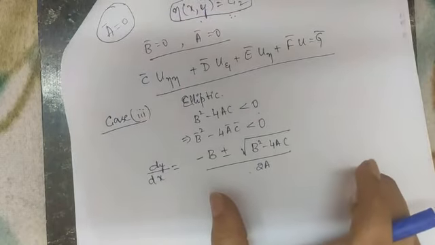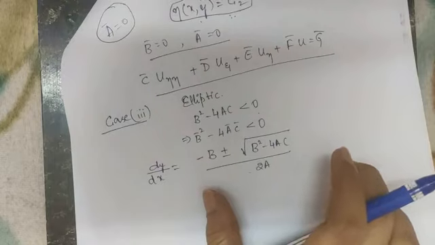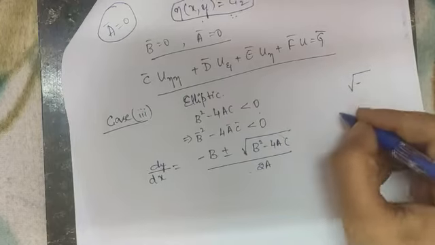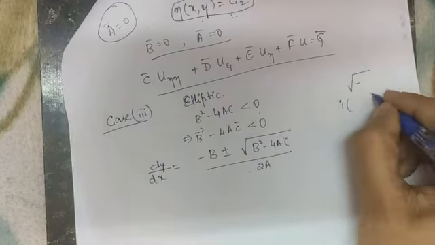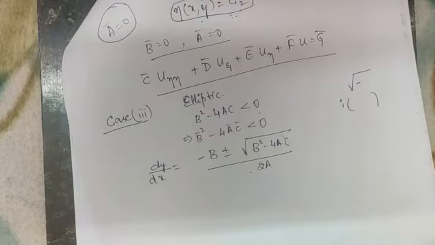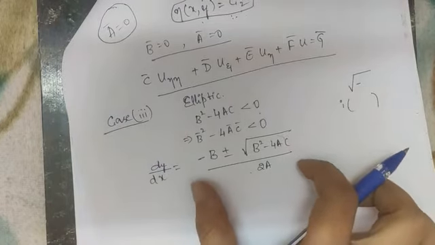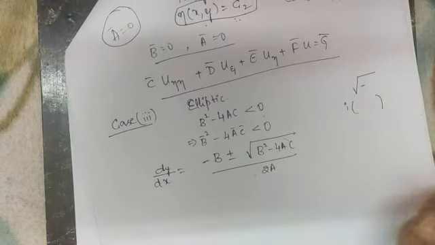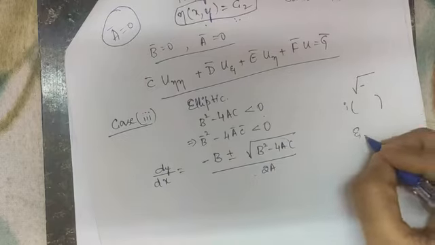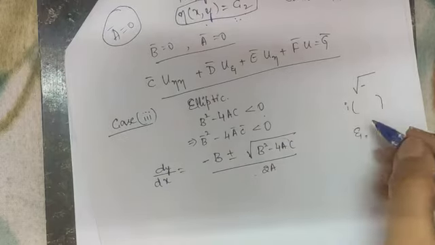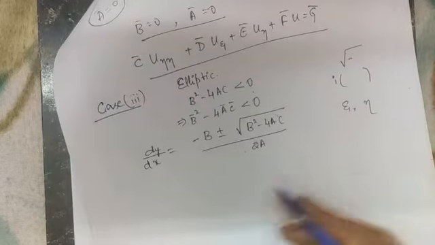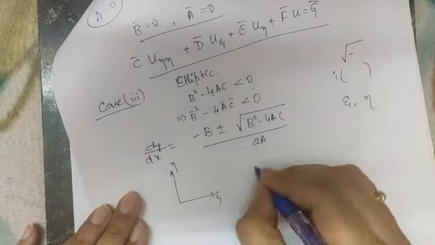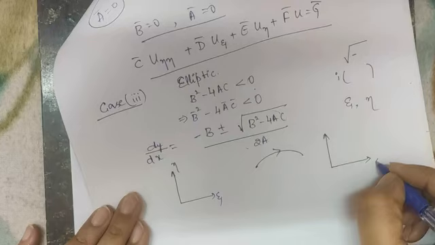Now solving this equation, we get complex conjugates, because this is negative, so the square root of a negative value will lead to an imaginary value. So if we solve this equation, we will get complex conjugate coordinates. I will call those complex conjugate coordinates xi and eta. Now I am having the xi eta plane. This xi eta plane is transformed to the alpha beta plane.